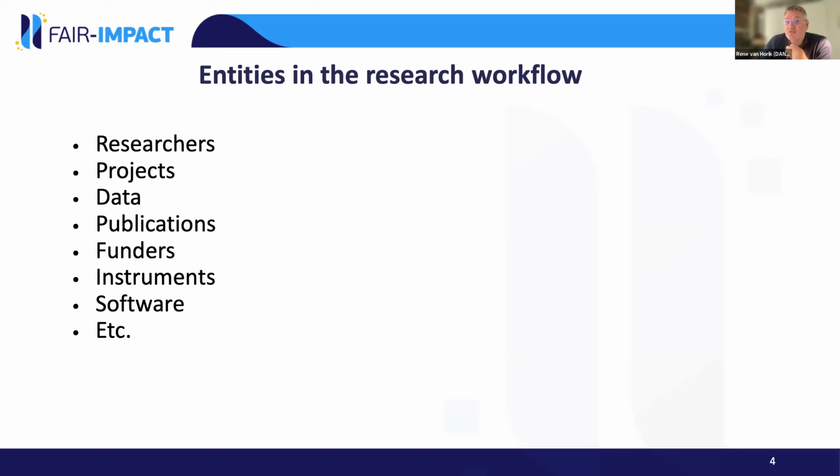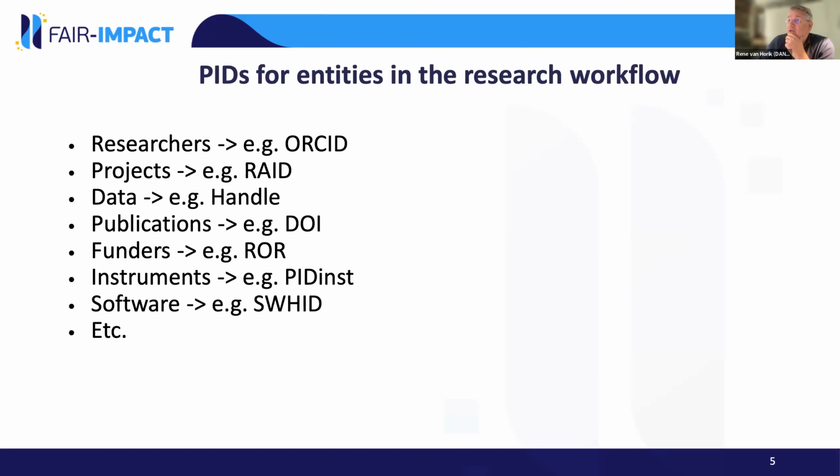Instruments are used to create data. Software, obvious as well. There will be a breakout session dedicated to this specific entity, etc. So there's a whole discussion going on about what kind of entities we can see in the research workflow.